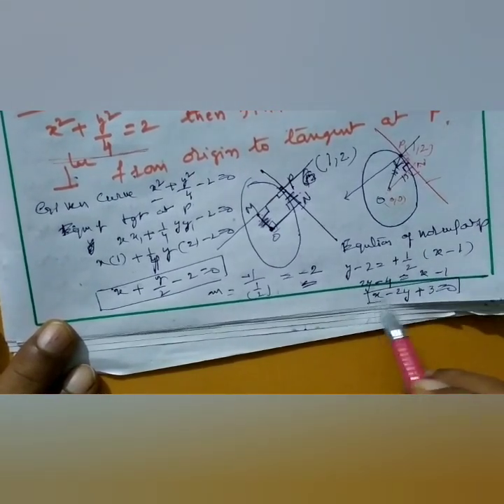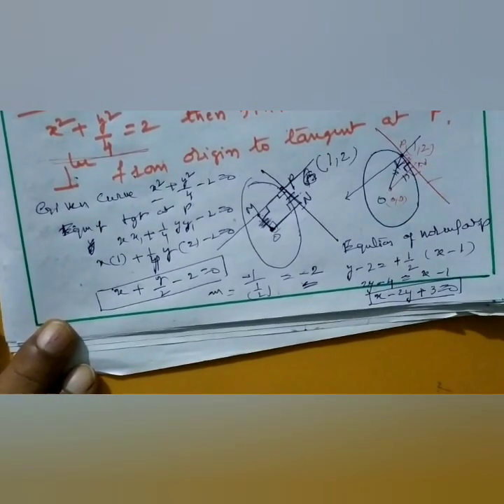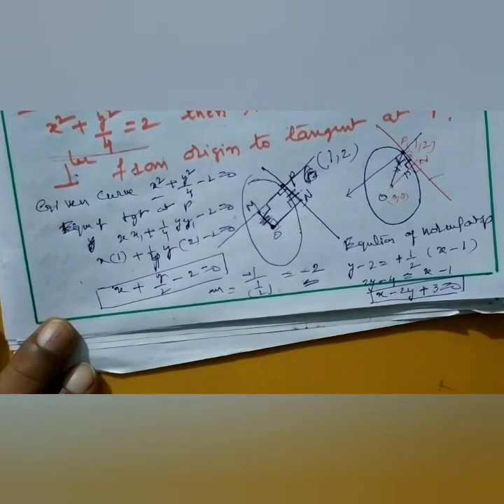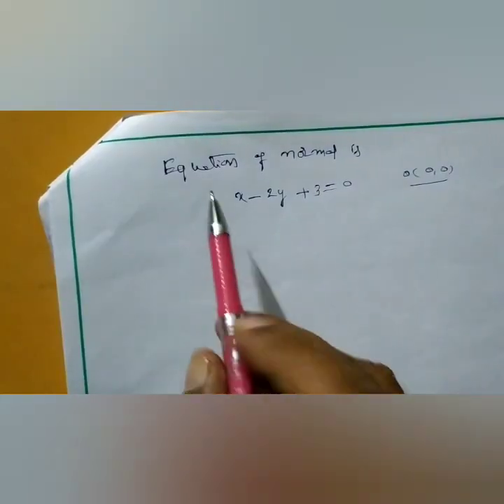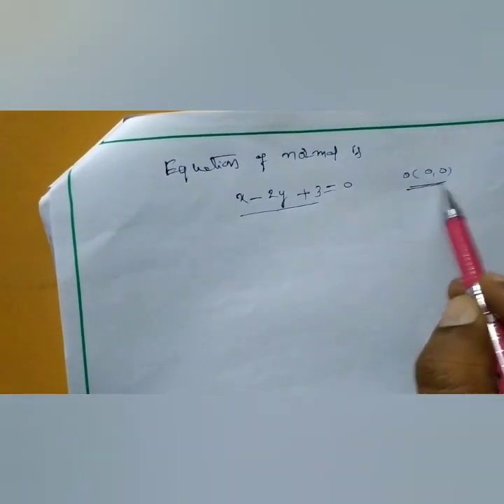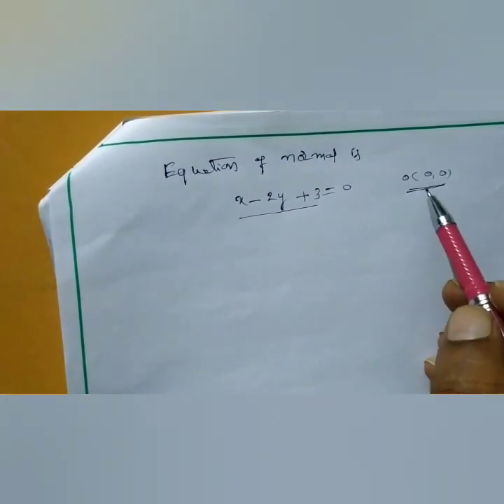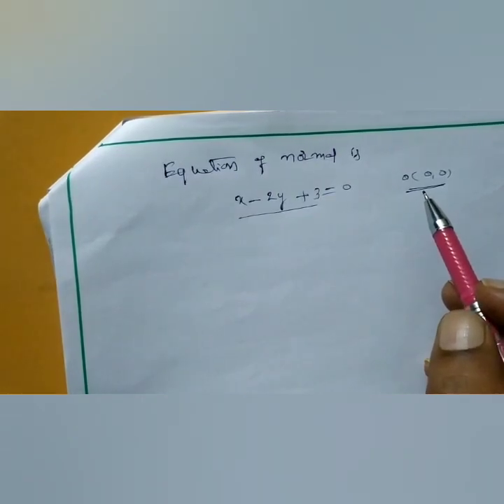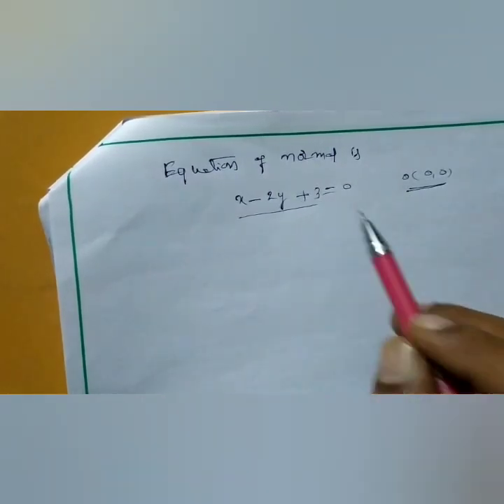This is the equation of normal at this point. Therefore, the equation of the normal is x minus 2y plus 3 is equal to 0, and from the origin we need to find the perpendicular distance to this line.